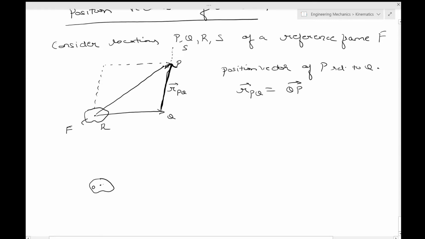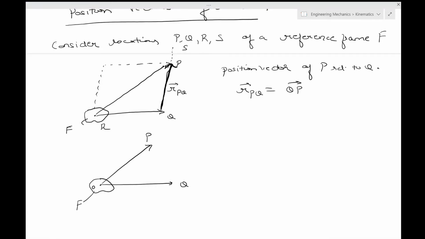So you have this point O, this is the fixed point of the reference frame F, and this is P. The position vectors of all points relative to a particular fixed reference location O of the reference frame are termed their position vectors.